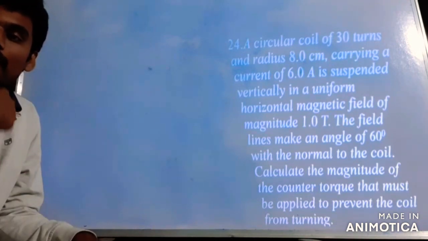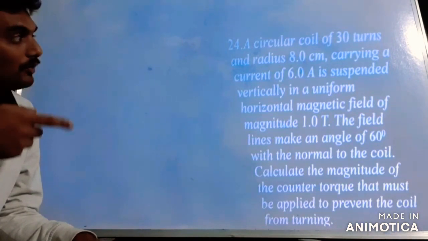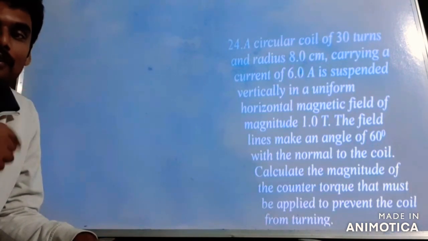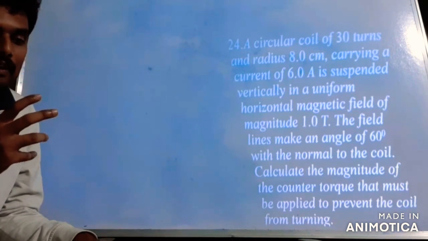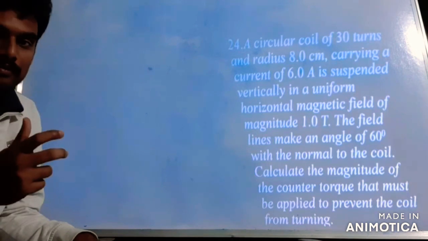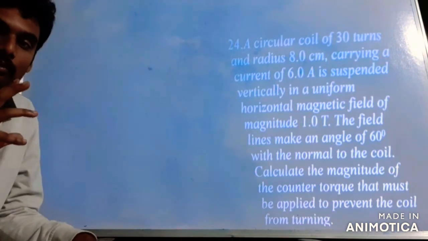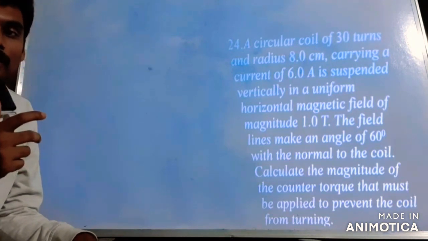So now here we have a situation where we have a current carrying loop again, with 30 turns this time, and this current carrying loop can rotate upon the application of torque. An external magnetic field can produce the torque, and hence it can rotate.